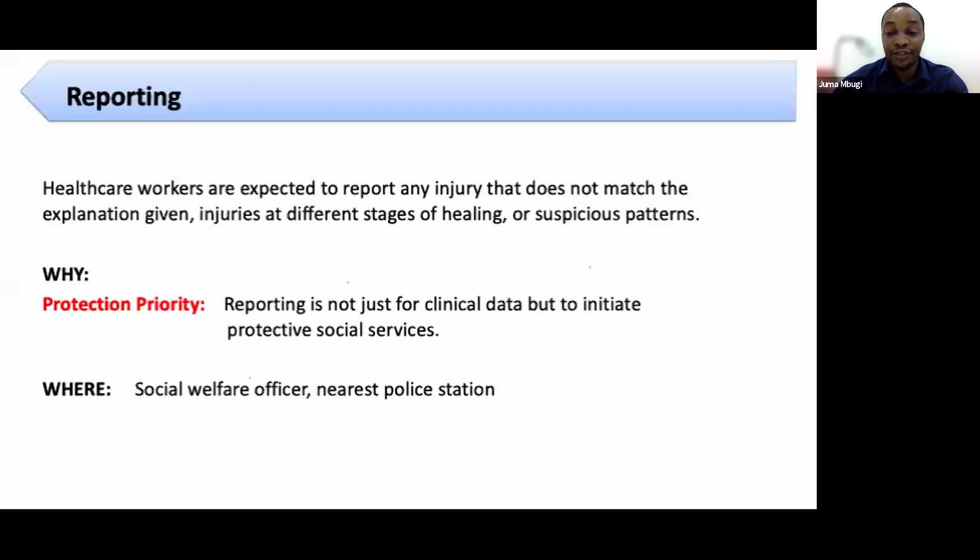Our main goal of the talk is child protection, and the priority should always be the child's safety. So we normally report to social welfare officers who in advance go to report to the nearby police station.